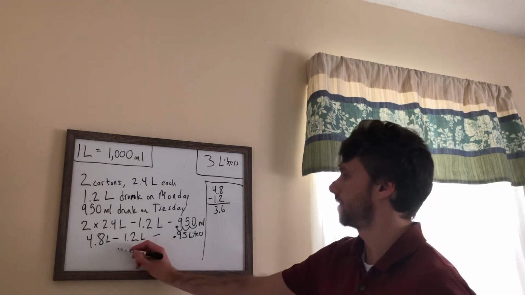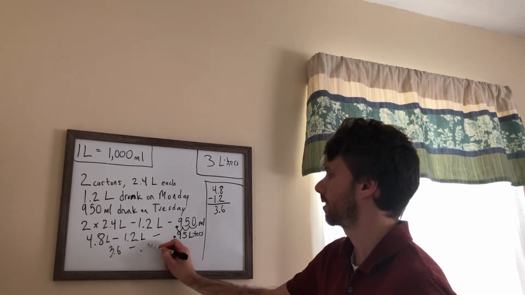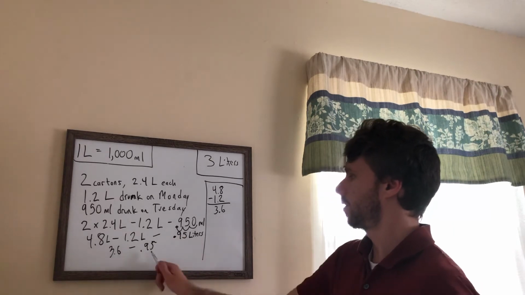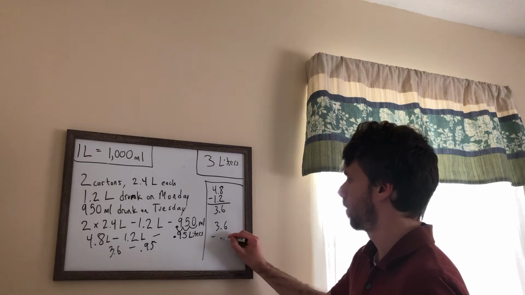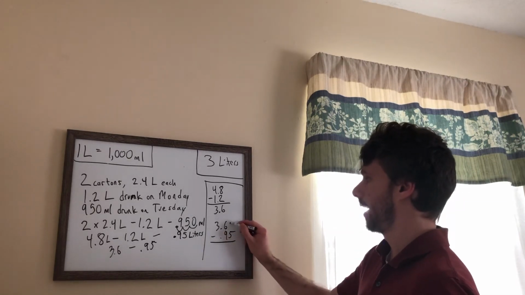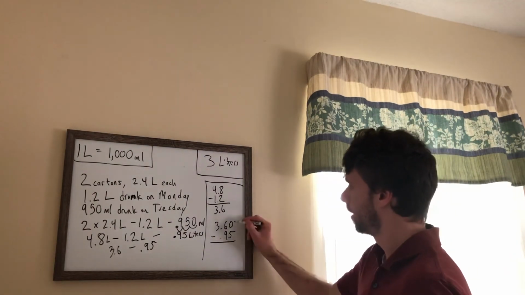Okay, so that is 3.6 minus 0.95. One last thing to do. 3.6 minus 0.95. It would be good to go ahead and add this 0 here to help us out.